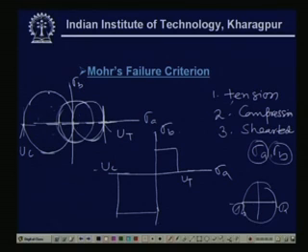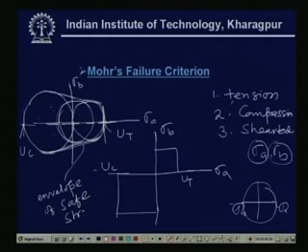Now, the Mohr's criteria is this: if we draw a line touching these, this we consider the envelope. So this is the envelope for the Coulomb criteria, and this is the envelope of safe stress.